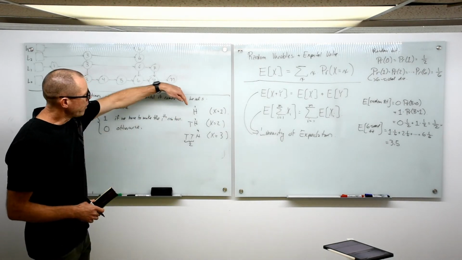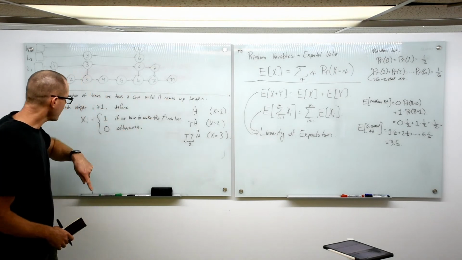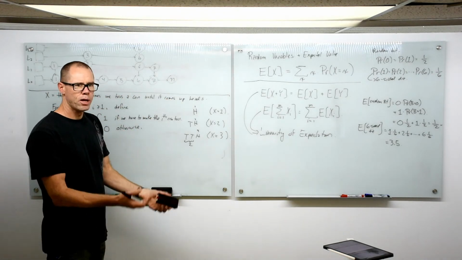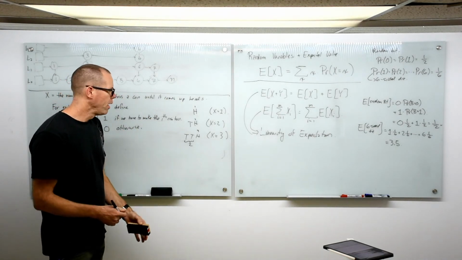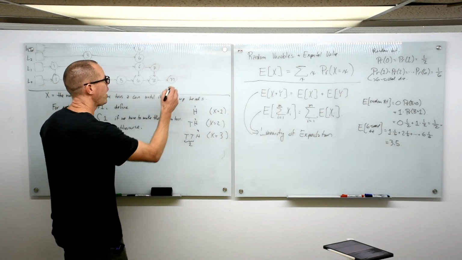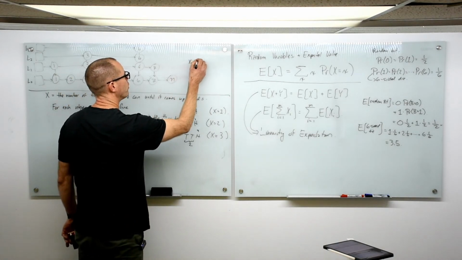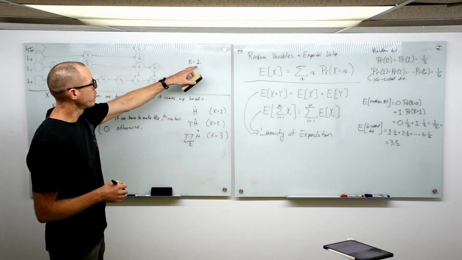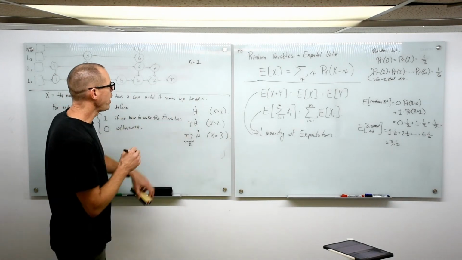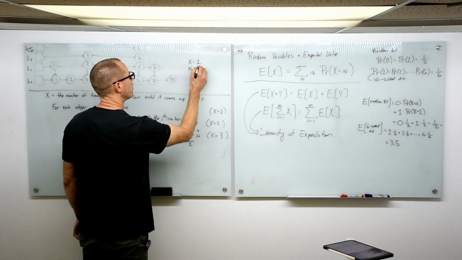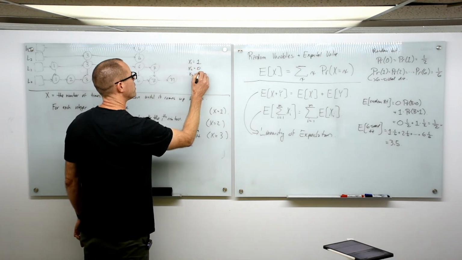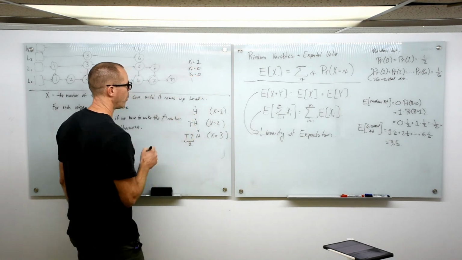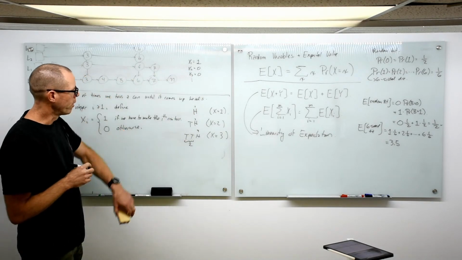So for example, if this is my outcome, if I toss the coin and the first time I toss it, it comes up heads, then x1 is equal to 1, because I always have to toss the first coin. But then x2 is equal to 0, x3 is equal to 0, and so on. All the other xi's are equal to 0.